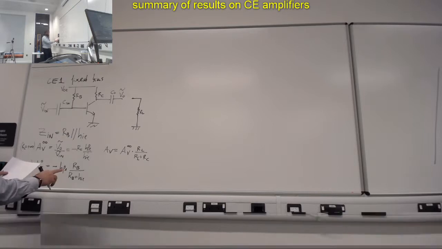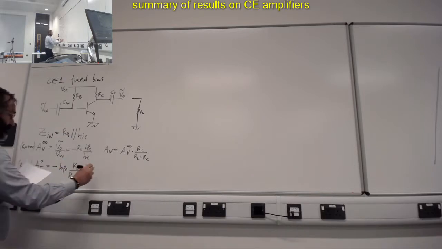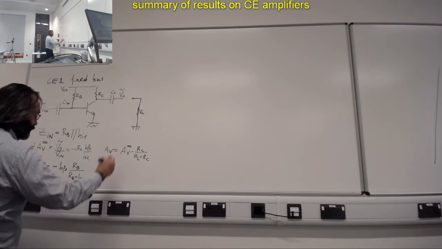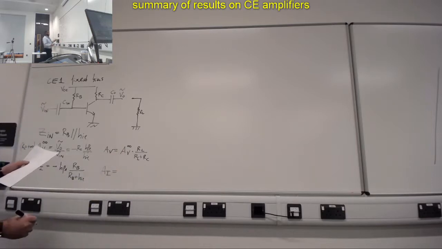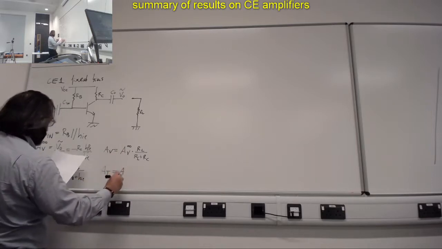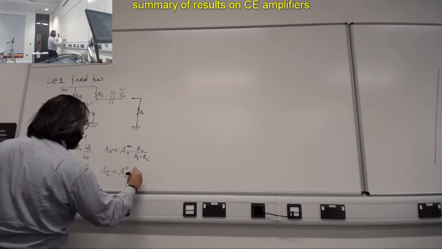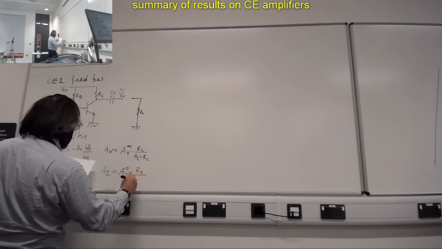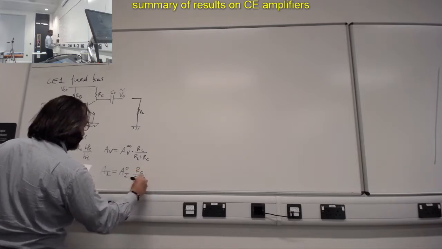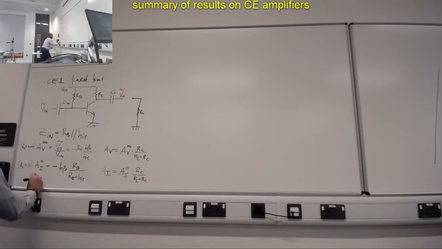And so in general, with a load of any generic value, AI will be AI0 times RC over RL plus RC. And finally, the fourth parameter that is important is the output impedance, which we've done last time, we found out that was RC.